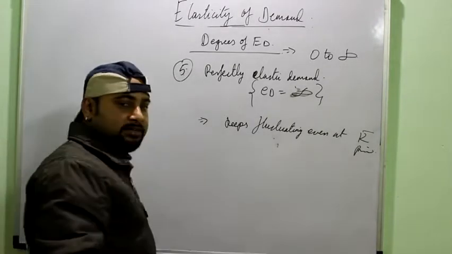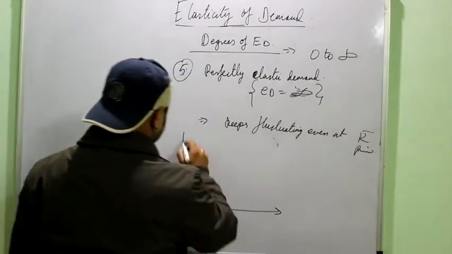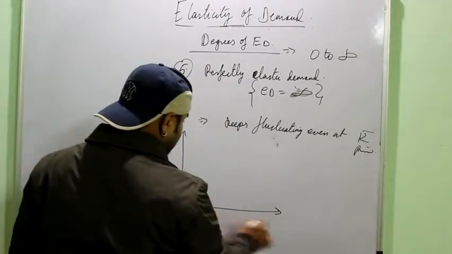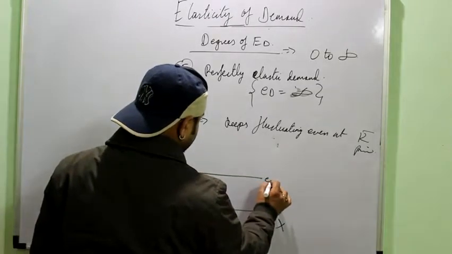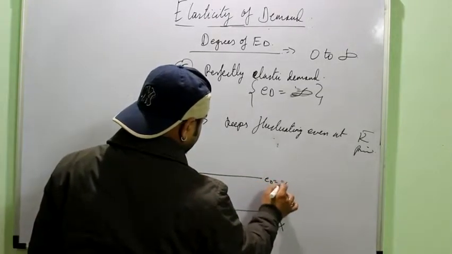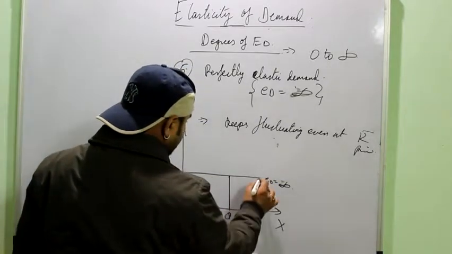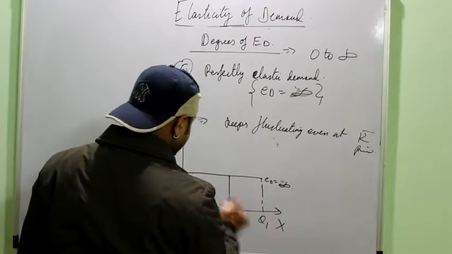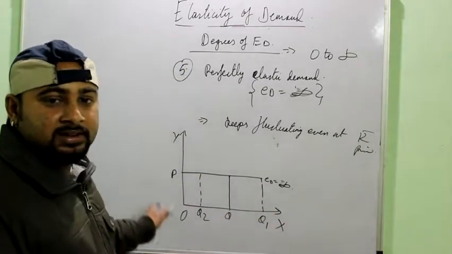When demand keeps changing even at a fixed price. Again, practically you do not have any such situation. Here you can see the price OP, quantity may be OQ, maybe OQ1 or maybe OQ2. So demand is changing even at a fixed price.